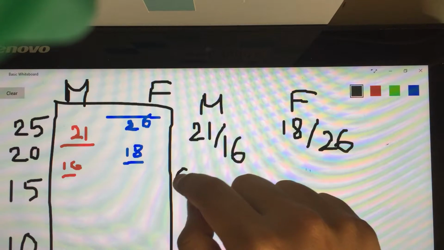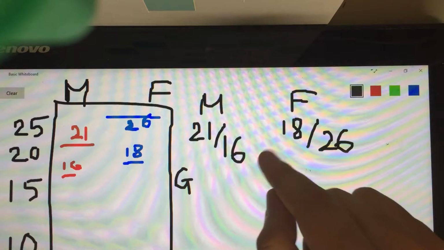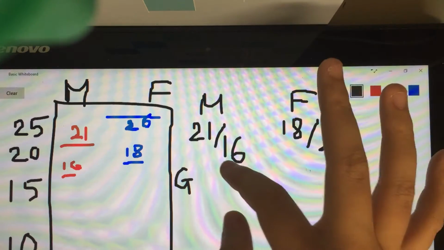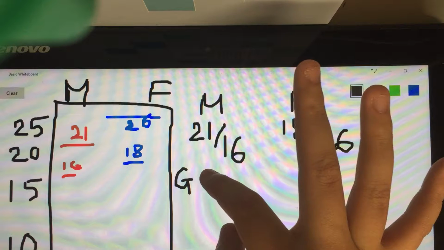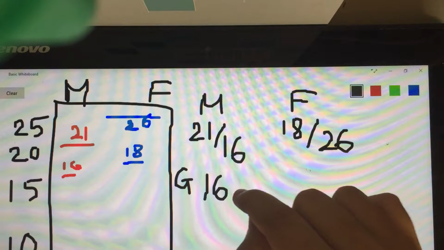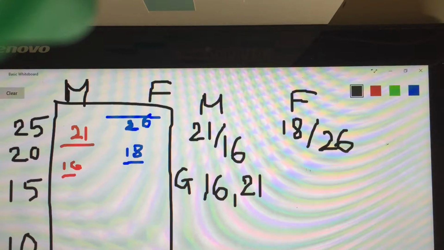And gametes for mom, because here we don't have any linkage, so two chromosomes will go through meiosis and one chromosome will go to each gamete, so we will have two types of gametes. One gamete will have the 16 repeats chromosome, and the other one will have 21 repeats chromosome.